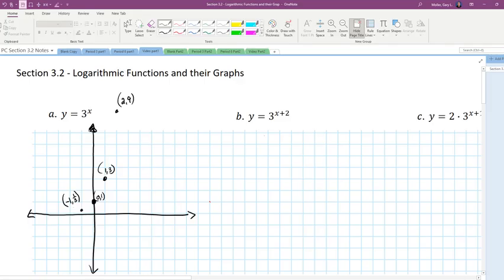All right, when we do B, we're still going to have that same basic picture, but this time it's going to be shifted over because we have changed the x into x plus 2, which means we're going to shift to the left. So I'm going to just take this picture, and now I'm going to make this my x and y axis.